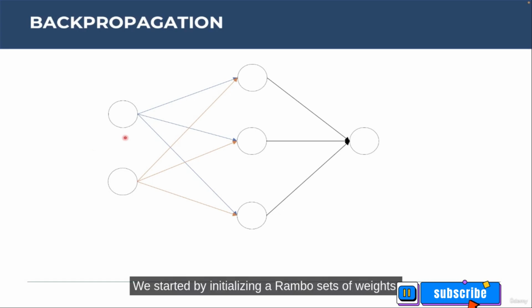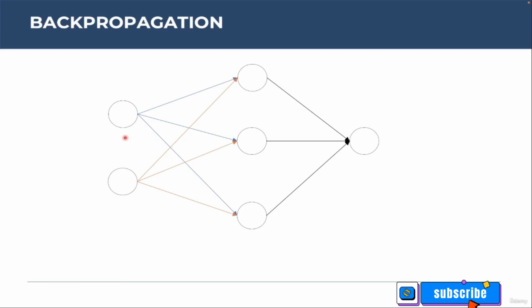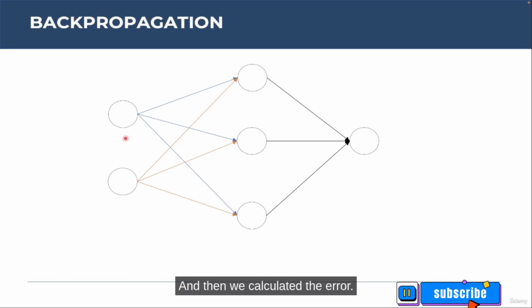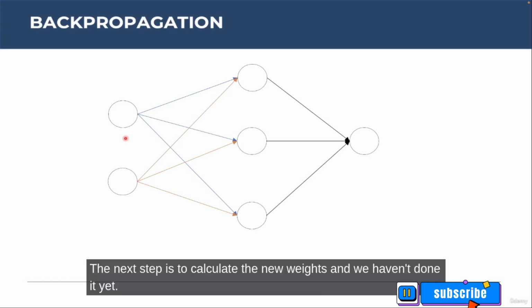We started by initializing a random set of weights, then we calculated the outputs for each instance, which is the final output of the neural network, and then we calculated the error. The next step is to calculate the new weights, and we haven't done it yet.